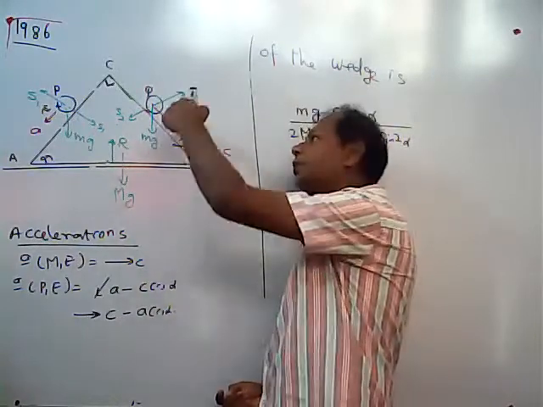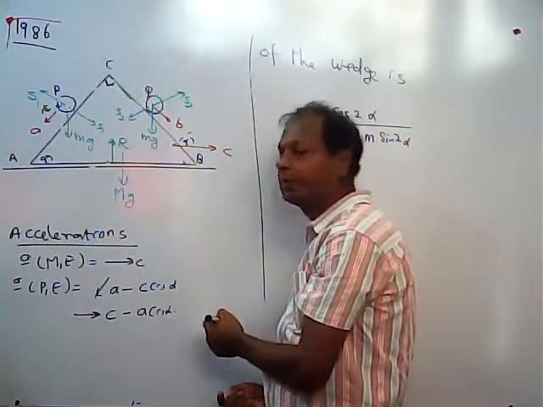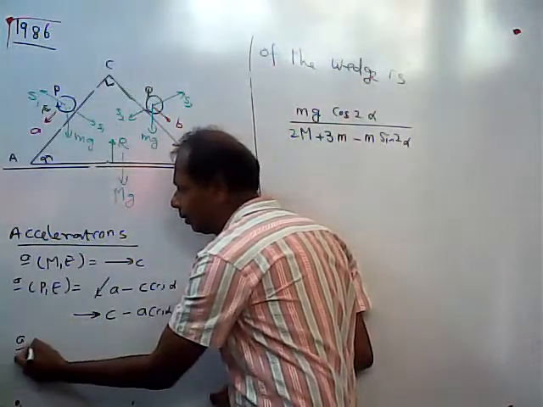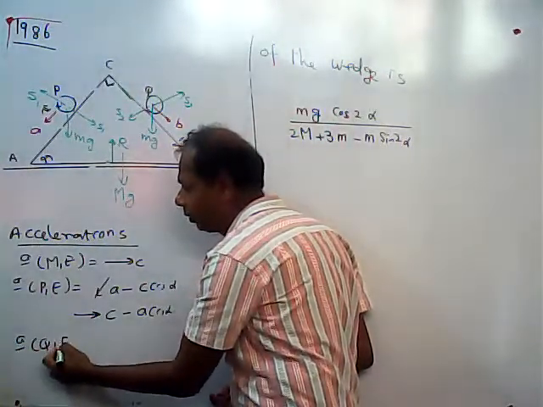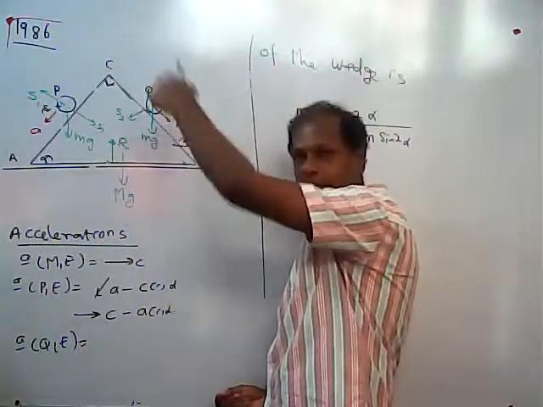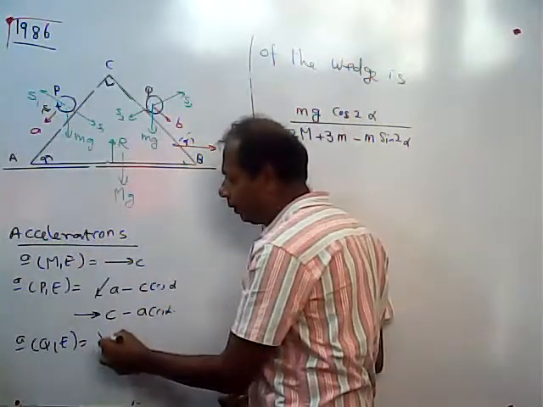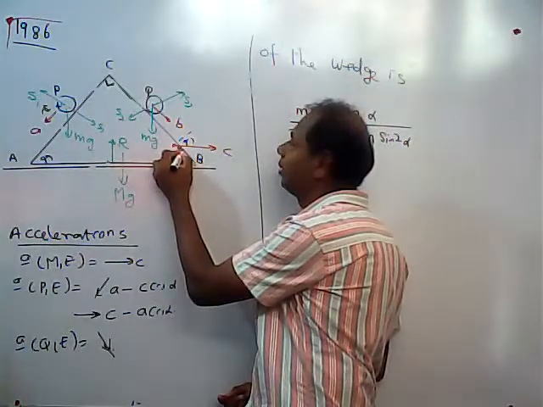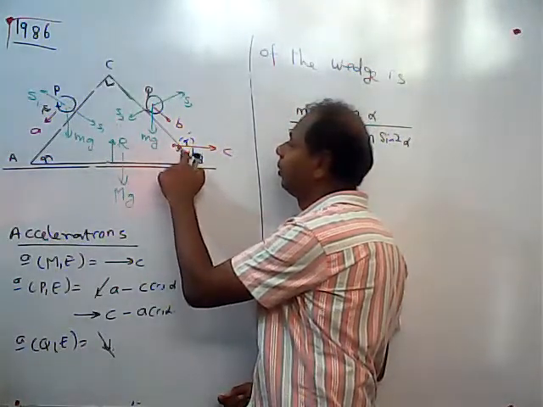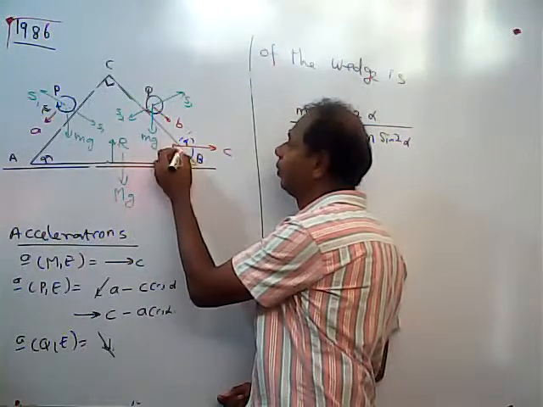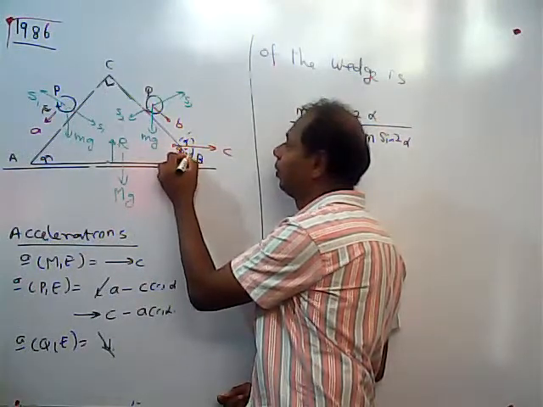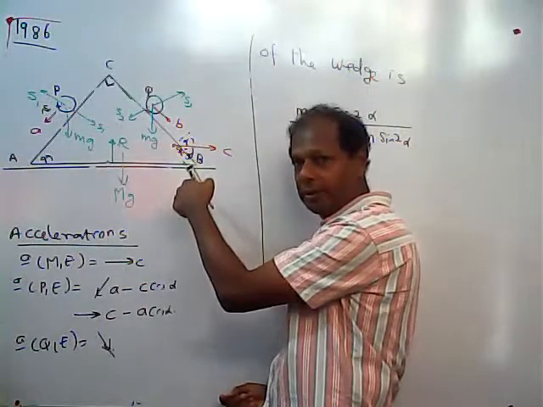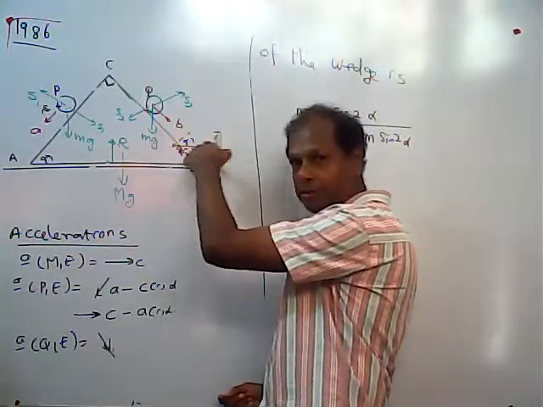Then we go to the next particle and write down the accelerations of that relative to the frame. Acceleration of Q relative to the frame along the plane: now the plane angle is 90 minus alpha, so it will be B plus C cos(90 minus alpha), so it's B plus C sin alpha.